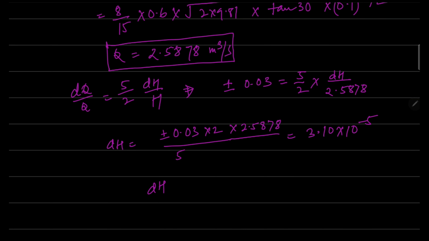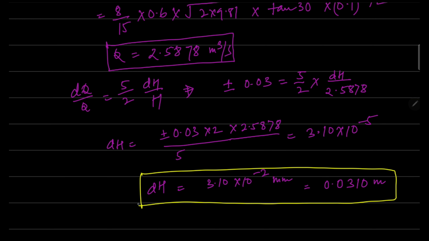We can write it in terms of centimeter. This value will be 3.10 times 10 to the power minus 2 mm, or we can say that it is 0.0310 meter. That is the value of dh.